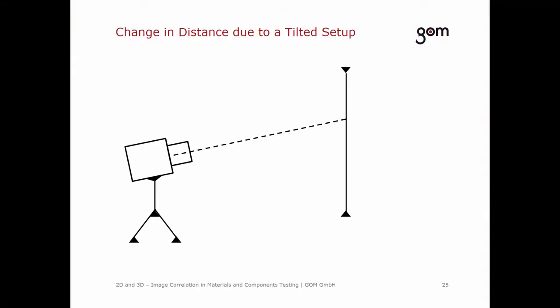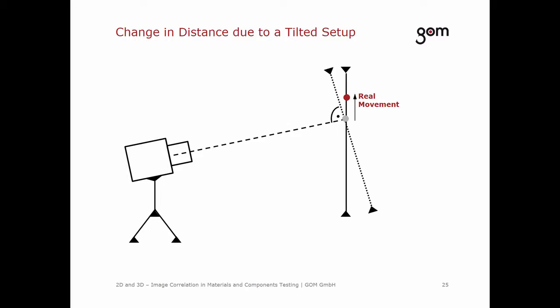Another example of a change in distance is shown by the following model. Let's assume that the camera was not positioned vertically towards the specimen. Due to the tensile force, a point on the specimen moves upwards. The camera, however, assumes due to its tilted position that the calibrated plane is placed in another position.